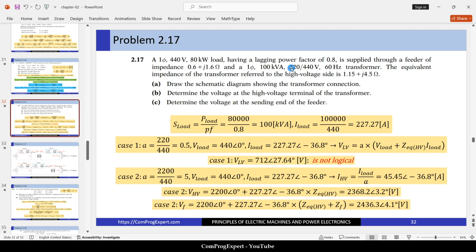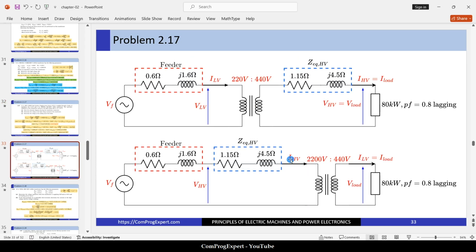So if we consider this number 2200 for the rated voltage of the primary, we will have this equivalent circuit, right? So in this case, the voltage of the primary is high enough, more than the voltage of the secondary.